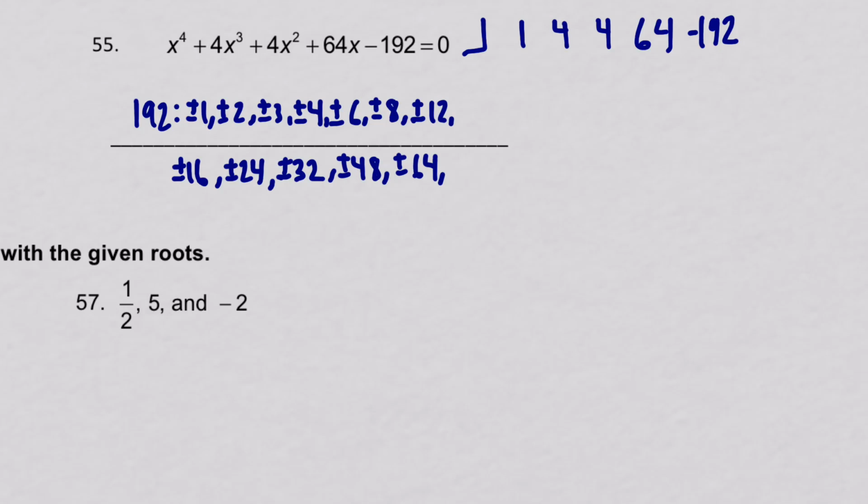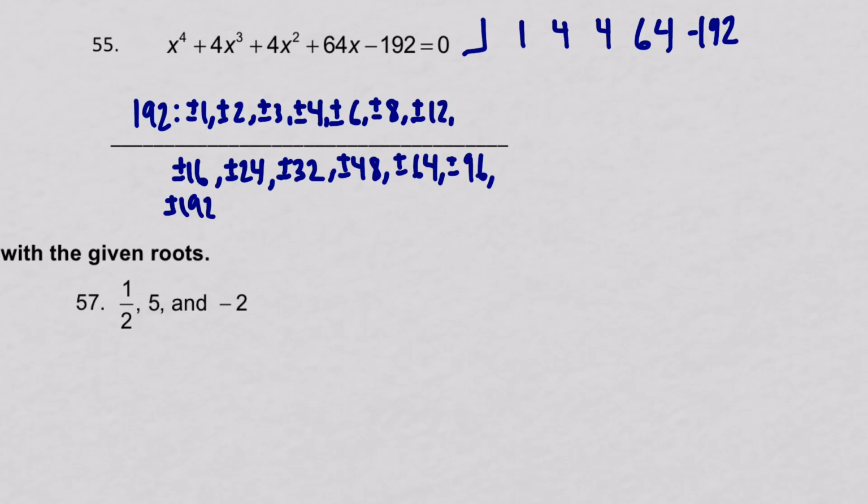Plus or minus 96, and plus or minus 192. That's it. Yay, look at all these numbers that we get to test out. Not really. Remember, we're not going to test all of them. We're going to start at the bottom and work our way up, and hopefully we find one pretty quickly.